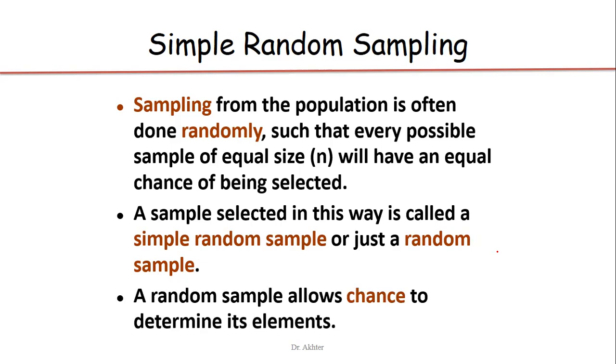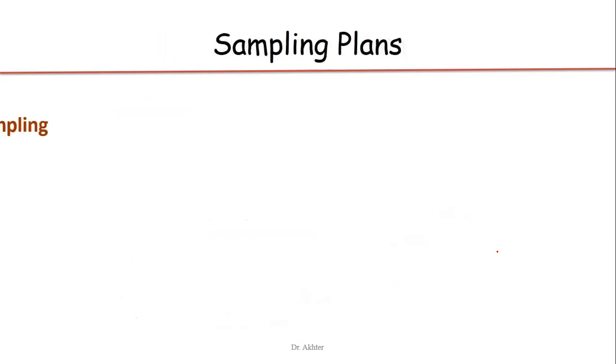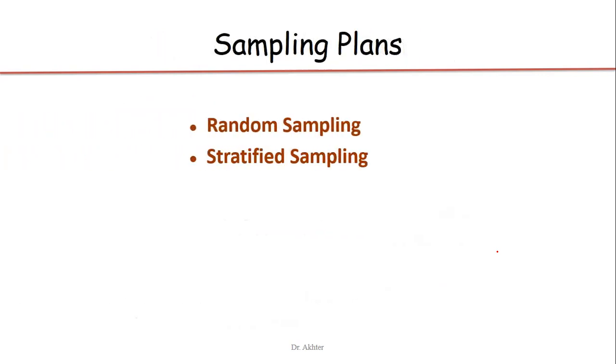Random sampling is also called chance sampling, or we can say it has randomness in it. So random sampling, stratified sampling, systematic sampling. In random sampling, we have equal probability to be included in the sample. In stratified sampling, we have a heterogeneous population.